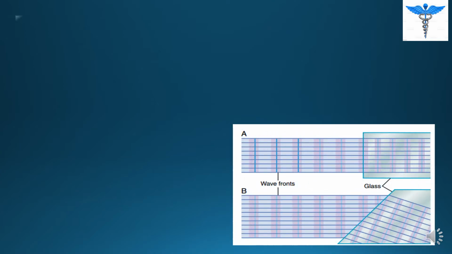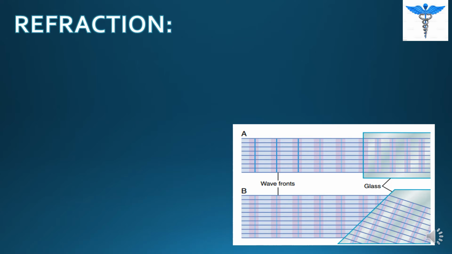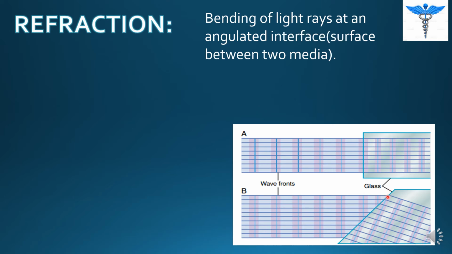Now first we are going to discuss some basic terms regarding the optics of vision, and in that we have refraction. Refraction is the bending of light rays when they pass through an angulated interface. An angulated interface is an interface that is at a certain angle.